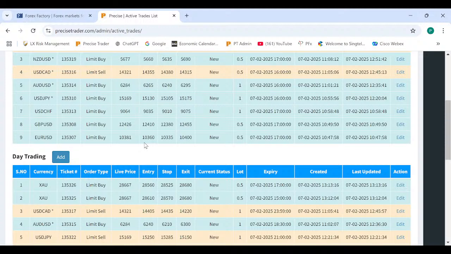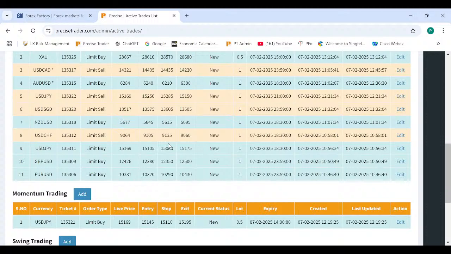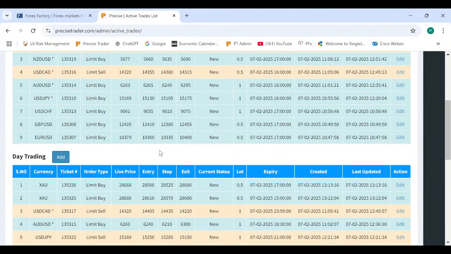But what you should be doing is, either you key in this, or maybe you try to put at 10350, then you put a stop below this, and you go for one trade.